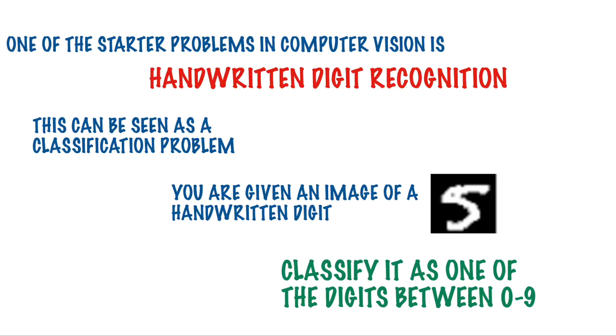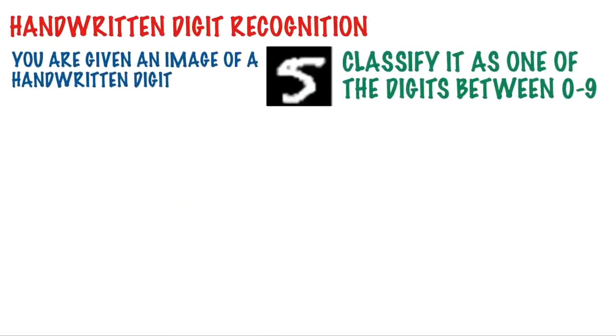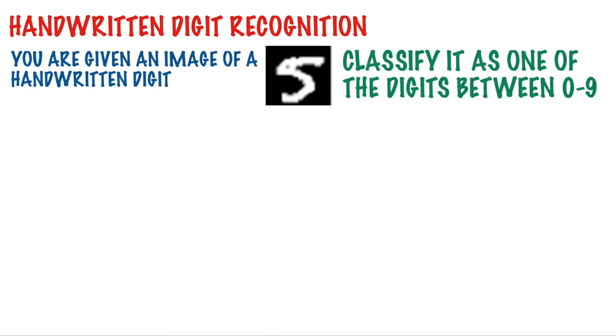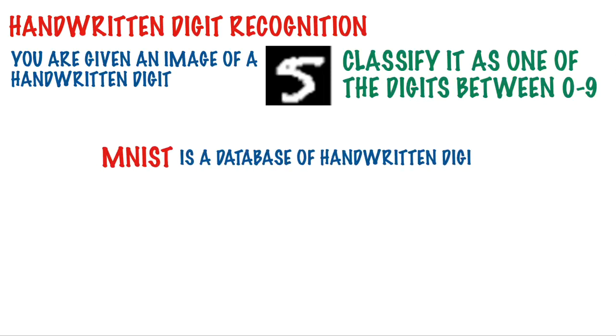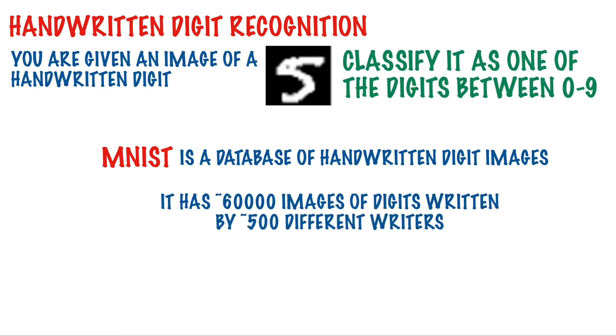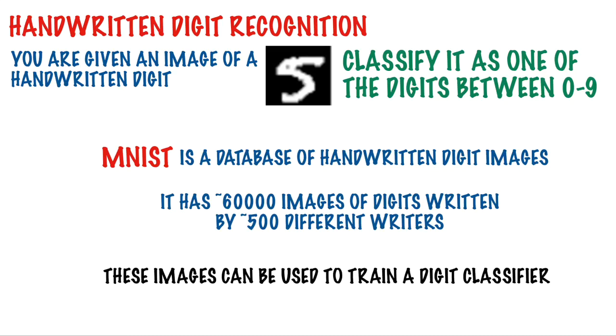So whenever people come up with a new algorithm or an approach to solve this particular problem, they test the performance of their algorithm on a standard database. NIST is one such standard database of handwritten digit images. This database was created and is still maintained by one of the foremost researchers on neural networks and computer vision.